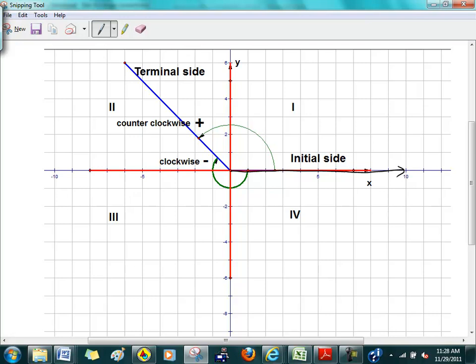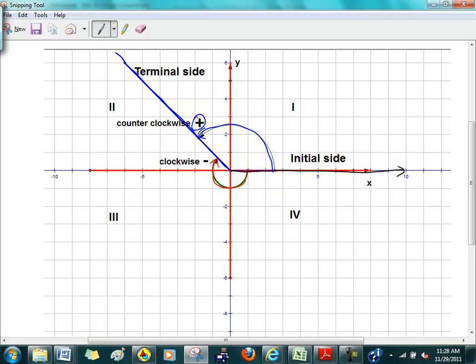And then you've got a terminal side that in this particular case looks like this. If you measure the angle in the counterclockwise direction, then it's denoted as positive. If you do it in the clockwise fashion, then it is negative.